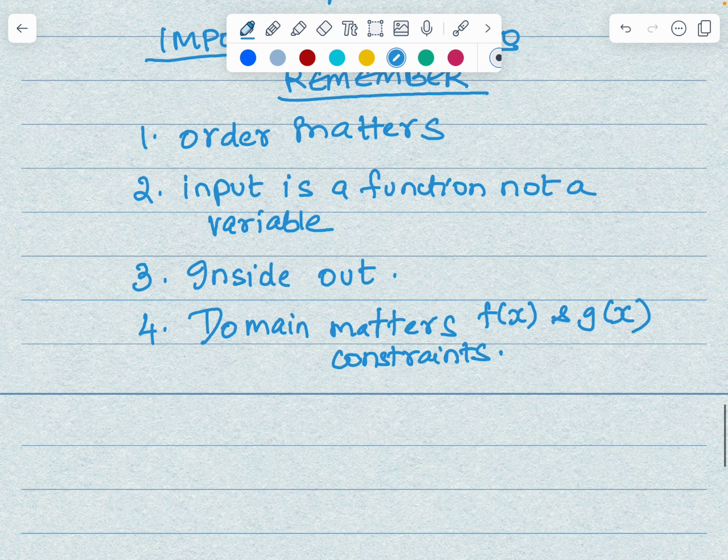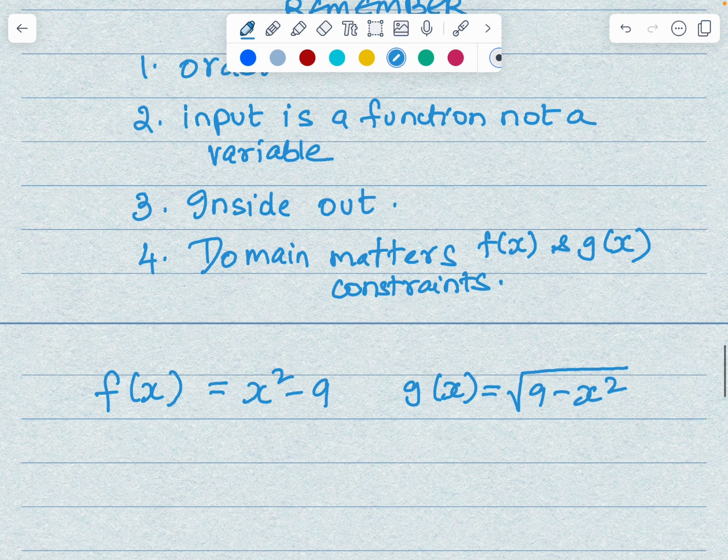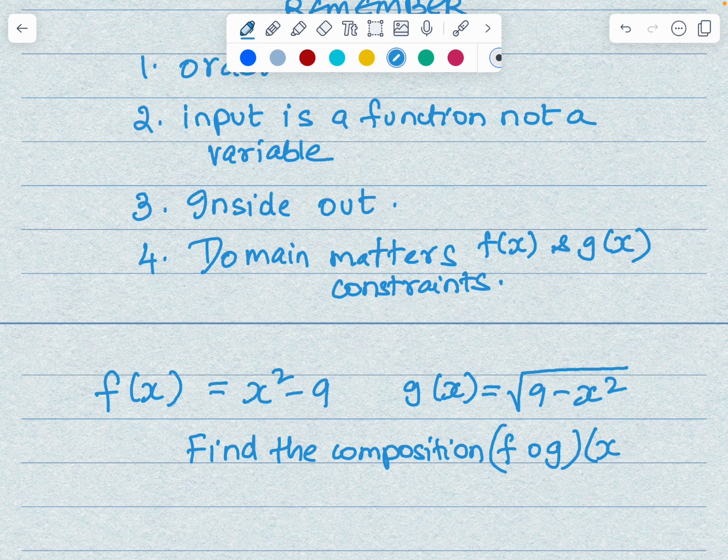Let's do this. f of x is equal to x squared minus 9 and g of x is equal to root of 9 minus x squared. And you have to find the composition f of g of x.